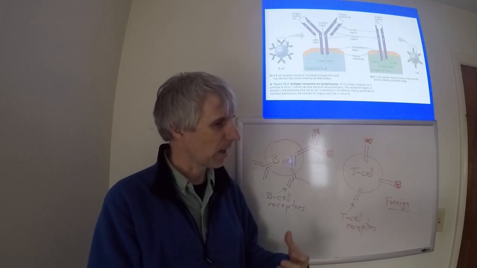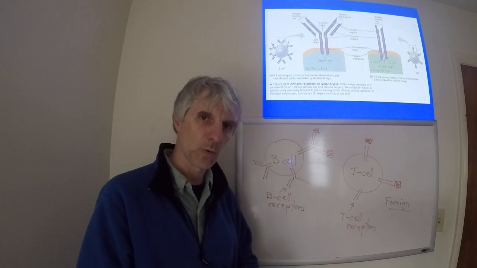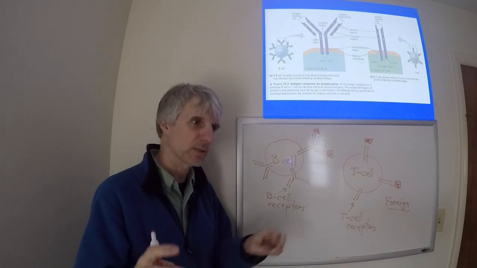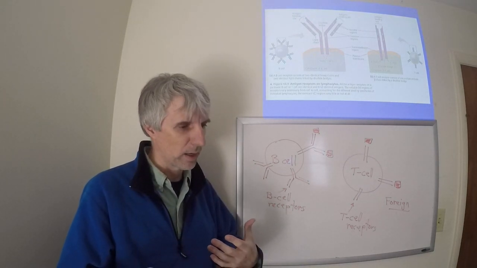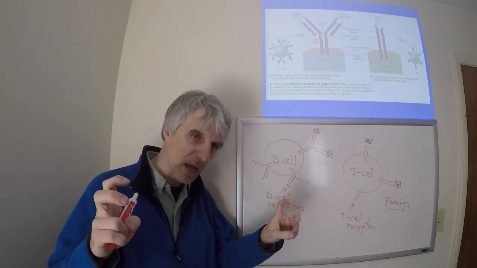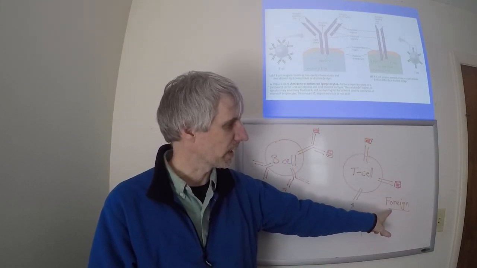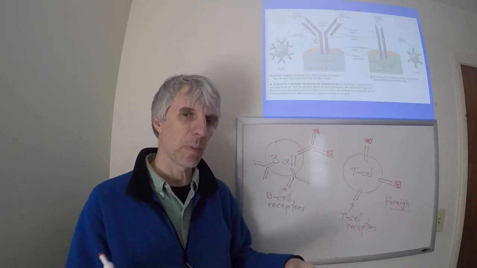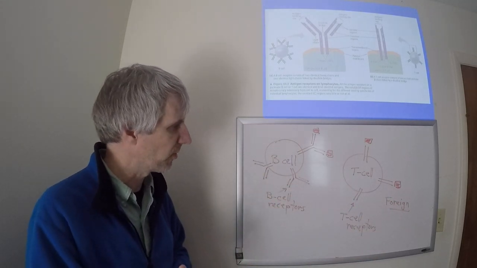If we bound our own proteins, then we would trigger an immune response against our own proteins. As an aside, that's how the autoimmune diseases work, where the body begins to mount an immune response against self-peptides. But the system, the way it's supposed to work, is these T cell receptors can only bind foreign peptides. So that's the first piece of information.